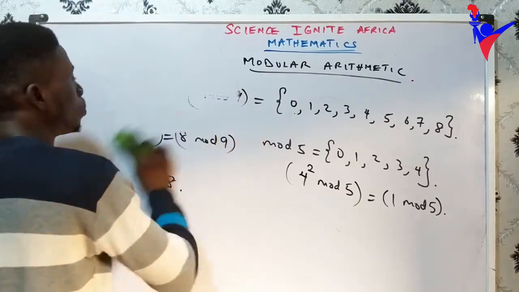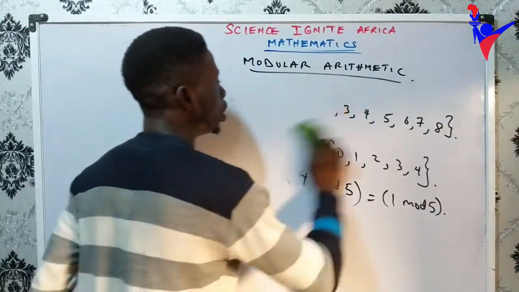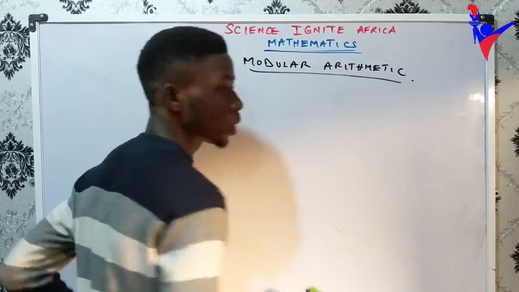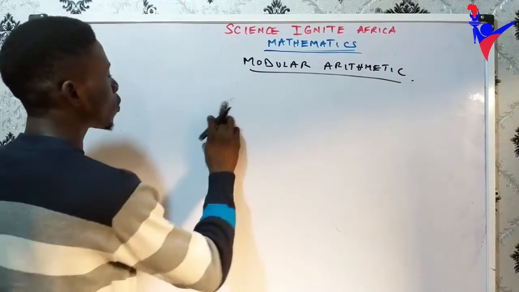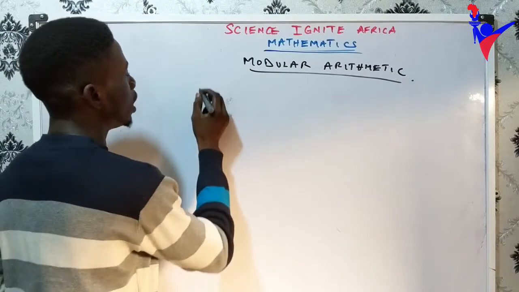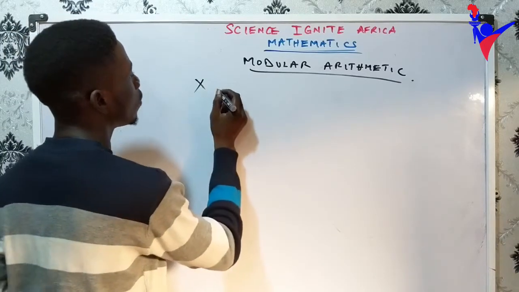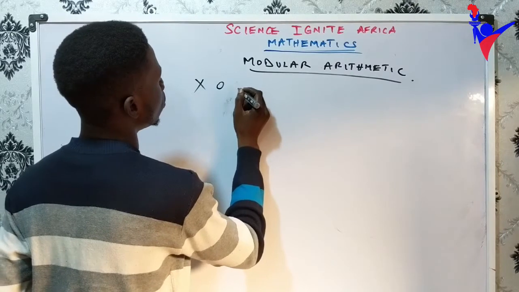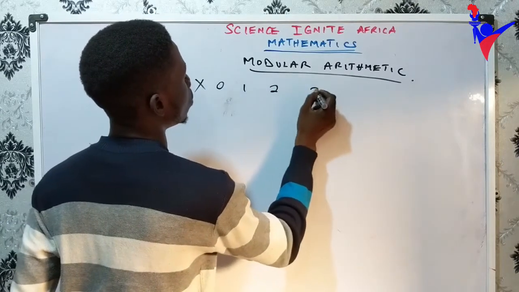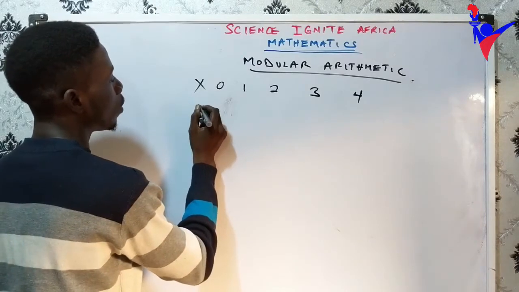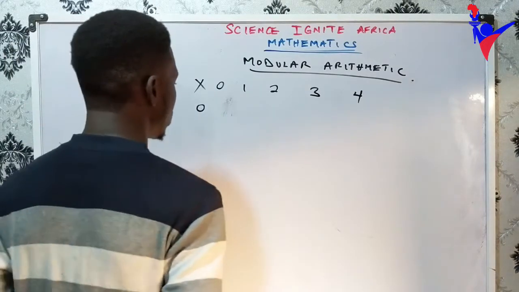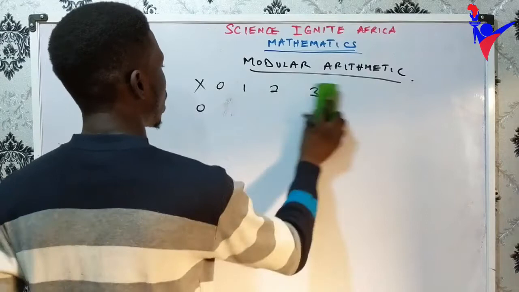So let's compute a multiplication table now in one of these mods. We want to compute a multiplication table in mod 5. So if we are in mod 5, then mod 5 will have 0, 1, 2, 3, 4. Let me not include the 0 class.